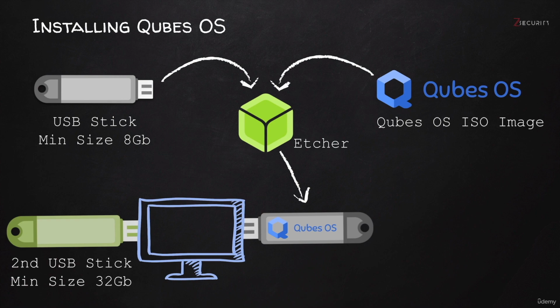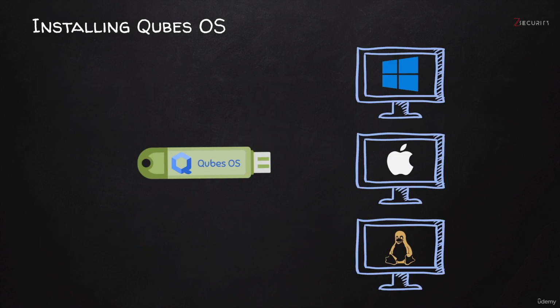And what we'll do in this case is we will flash a live version of Qubes to the new USB stick. And then we can use this new USB stick to boot into Qubes from any supported computer, regardless of what operating system this computer runs.